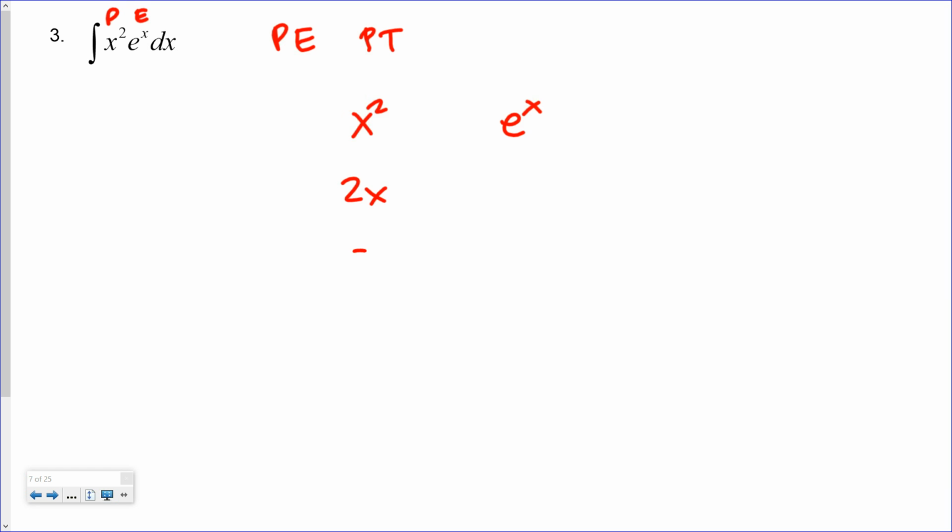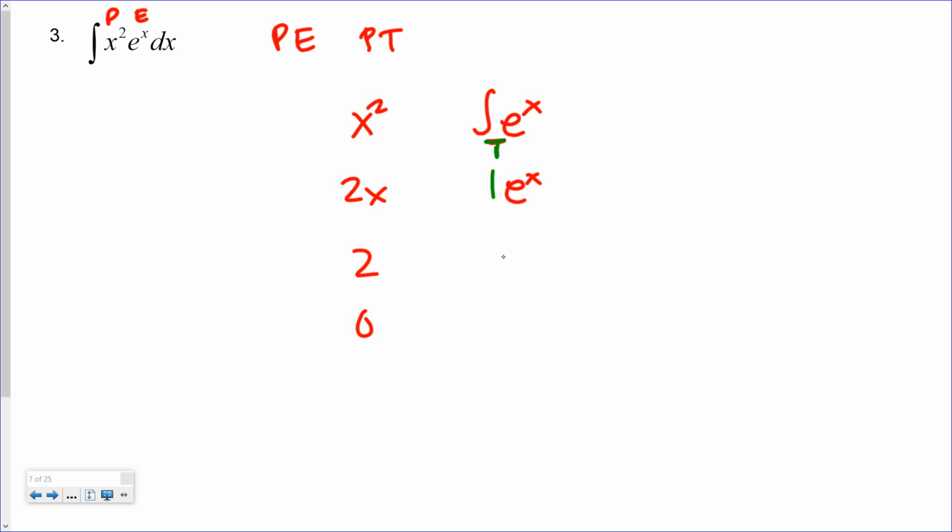On the left side, you take the derivative until you get to 0. On the right side, you take the antiderivative. What is the antiderivative of e to the x? Well, it's e to the x divided by the derivative of x, which is 1. And do my x's cancel out here? They certainly do. So this just becomes 1 times e to the x.